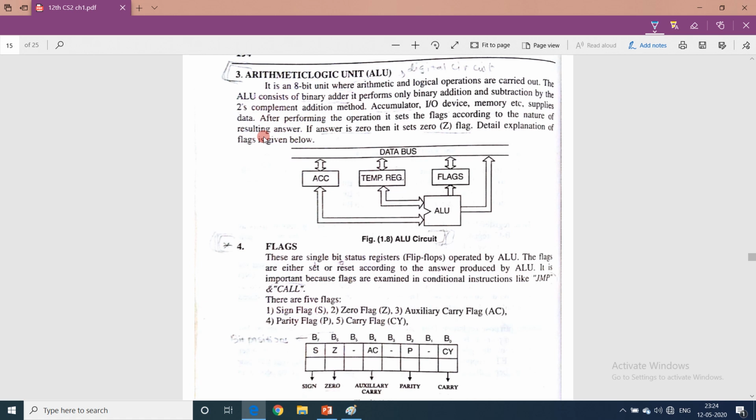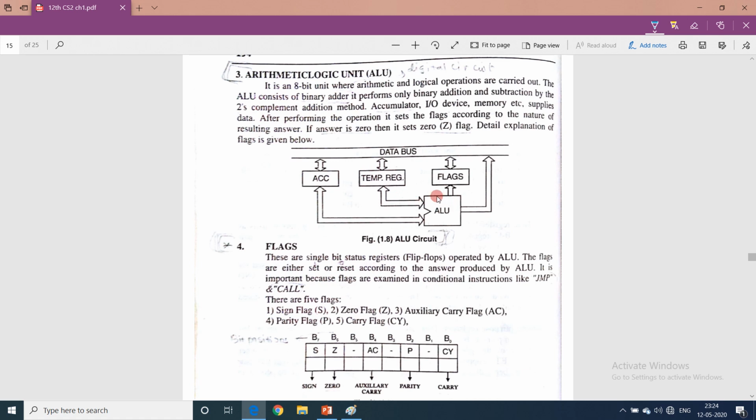Now, if my answer is 0, the Z flag will be 1. When my answer is non-zero, the Z flag is 0. A detailed explanation of flags we will discuss in the next topic.